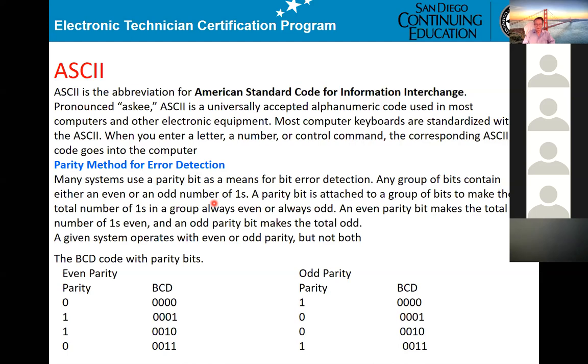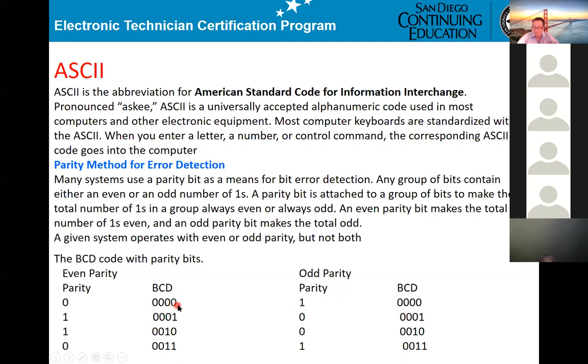However, if the other bit changes to 1, you risk losing the money. So that's why they have the parity. Parity has even parity and odd parity.